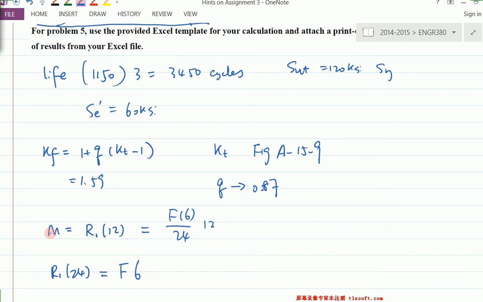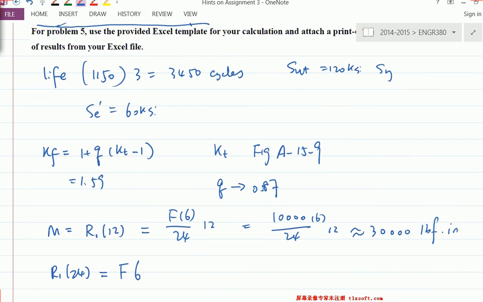And F in this question is 10 kip. So 10 kip is 10,000 pound force. So now you get your bending moment, which is this much at the fillet location here.